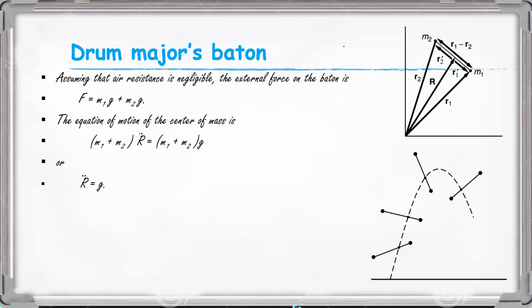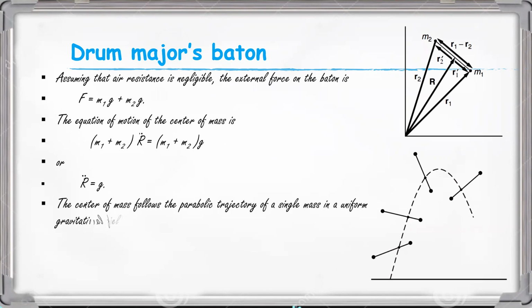Integrating this equation twice, we can obtain the expression for the center of mass in terms of G and T. Before going to the integration, we must say that the center of mass follows the parabolic trajectory of a single mass in a uniform gravitational field.